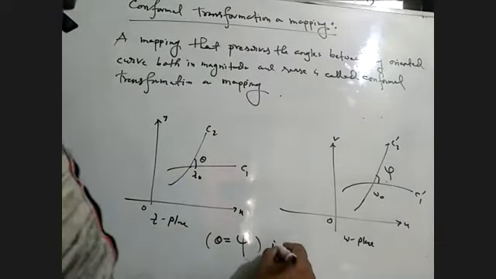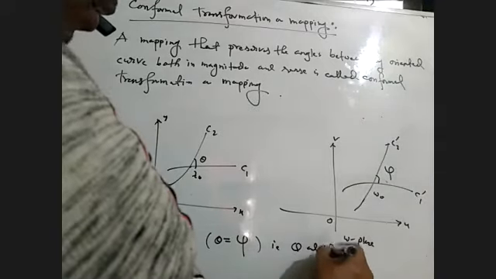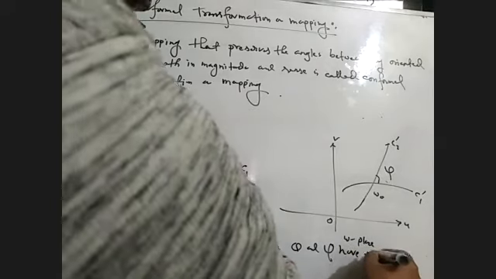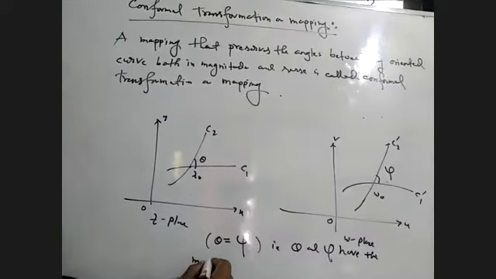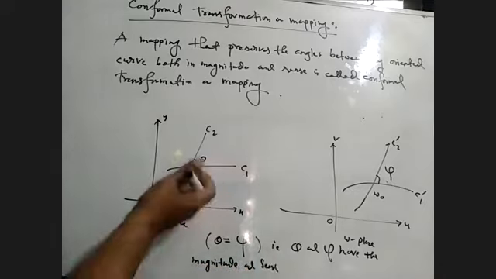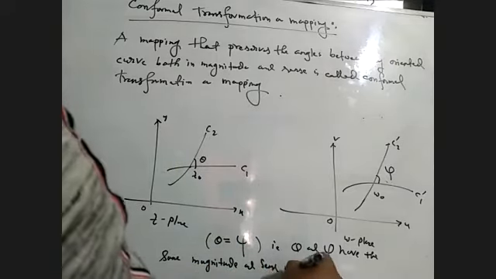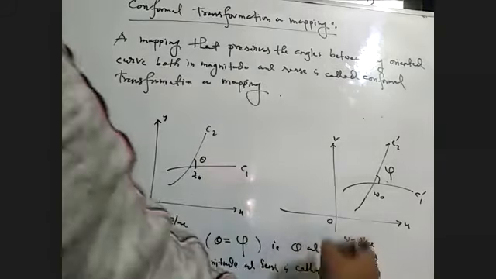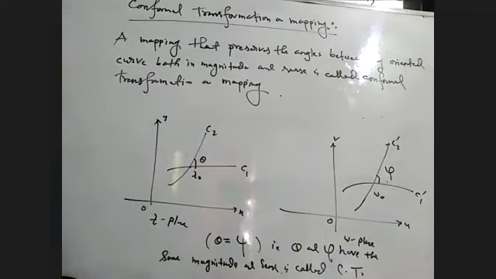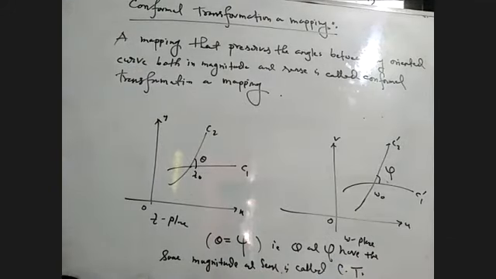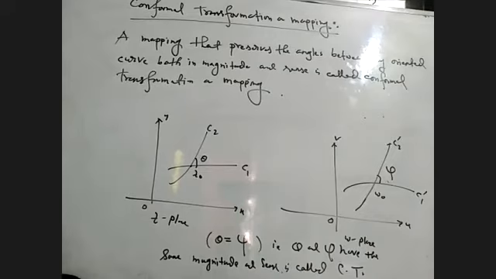That is, theta and phi have the same magnitude and sense, and this is called a conformal transformation or mapping.